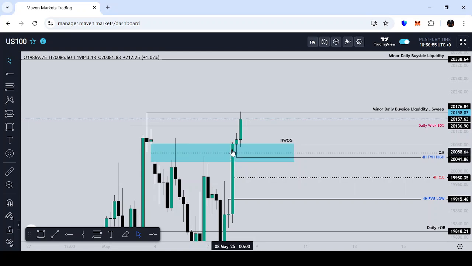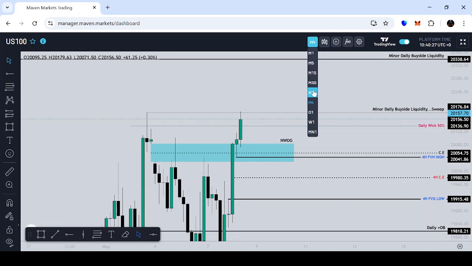And this is the candle that validated the new week opening gap, coming back to it again, acting as inversion, as a discount area, after acting as a premium area before the candle body validated the half of it at the 50% level. Now it's acting as a discount. Treat it as a discount area now for future price delivery.